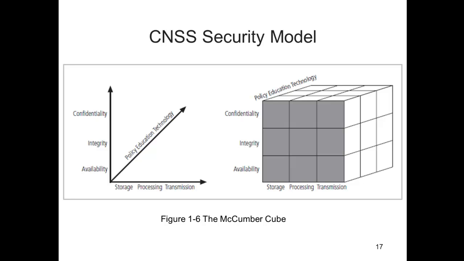When we talk about information security in this course and in the next course, CBY610, and other courses like policy and laws and legislation, you should come back to the McCumber Cube and think about how this relates to the confidentiality, integrity, and availability of information, and access in those three areas: storage, processing, and transmission.